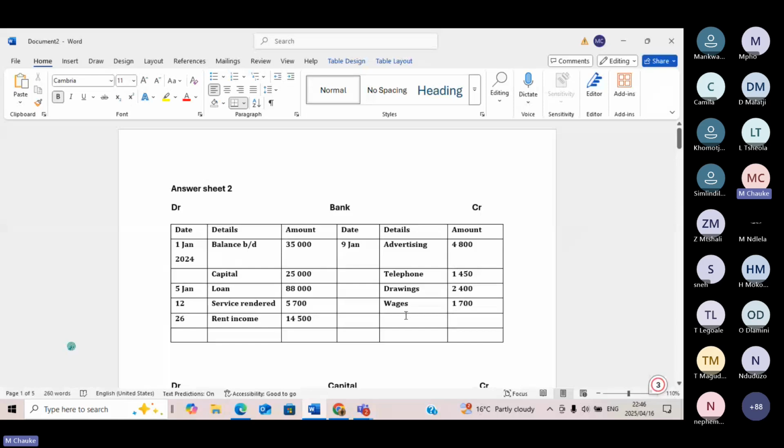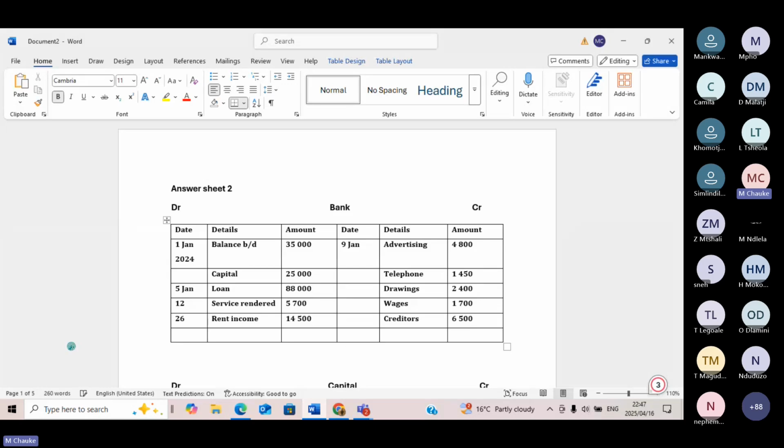So when we record, we come to the bank and say how much we paid to our creditors. We're going to say creditors, and we paid 6,500. That's what we exactly paid, 6,500.